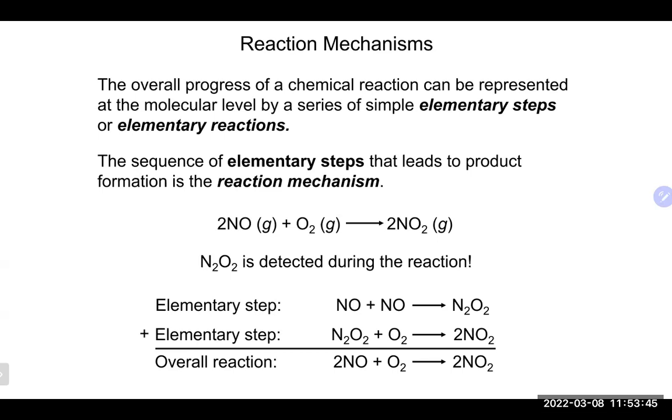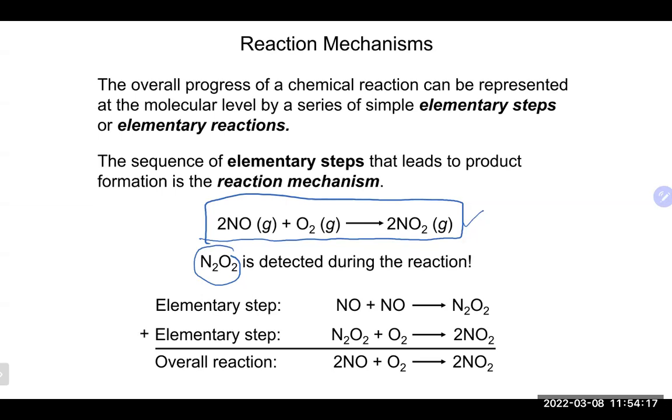The sequence of elementary steps leads to the product being formed. For example, while this reaction is happening, N2O2 is detected. But clearly, if we look at the overall reaction, there is no N2O2 present. Because it is seen during the reaction, that implies it is made, but by the time the reaction is done, it is gone. So it is like an intermediate along the way.